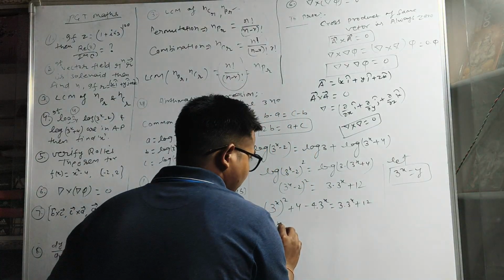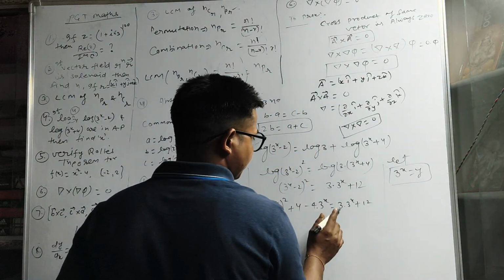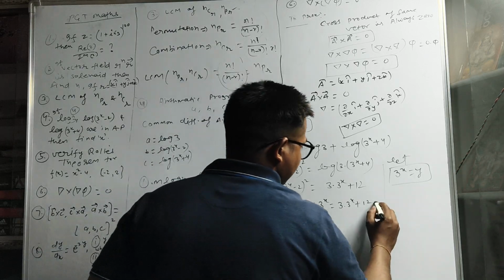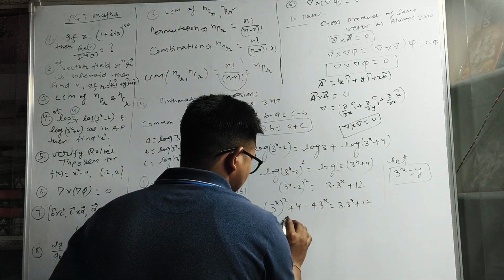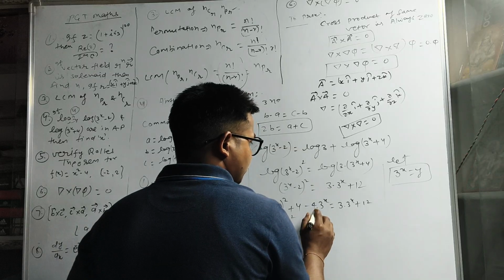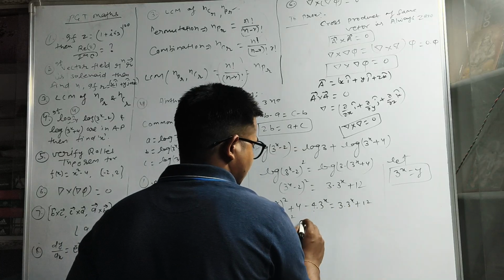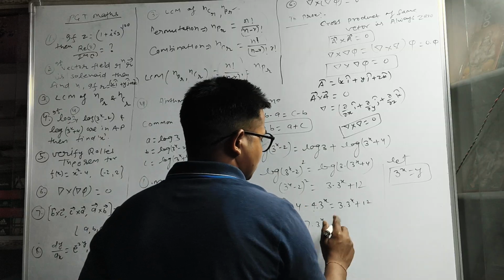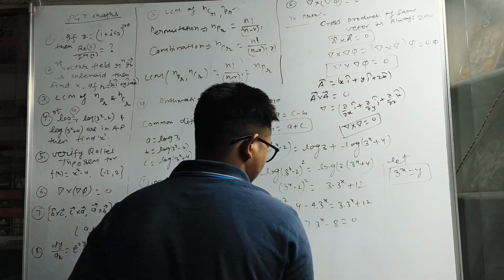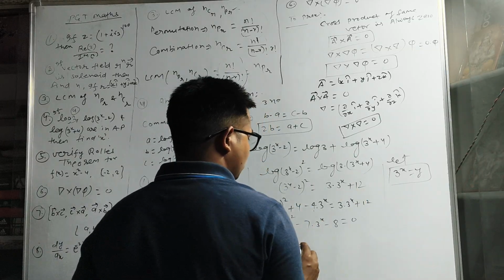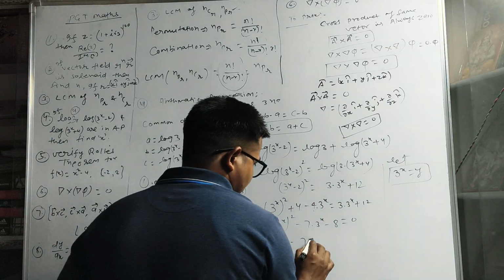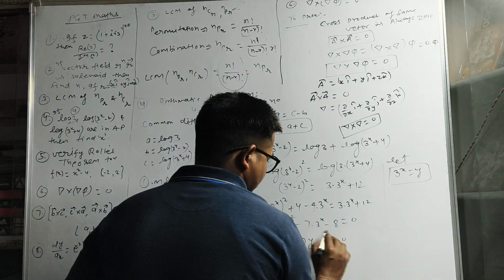So this will become y square, and just solve it in one step. (3^x) whole square, and minus 4 into 3^x minus 3 into 3^x means what? 7 into 3 to the power x. 4 minus 12 is what? Minus 8 equal to 0. So if you assume 3 to the power x is y, then y square minus 7y minus 8 equal to 0.